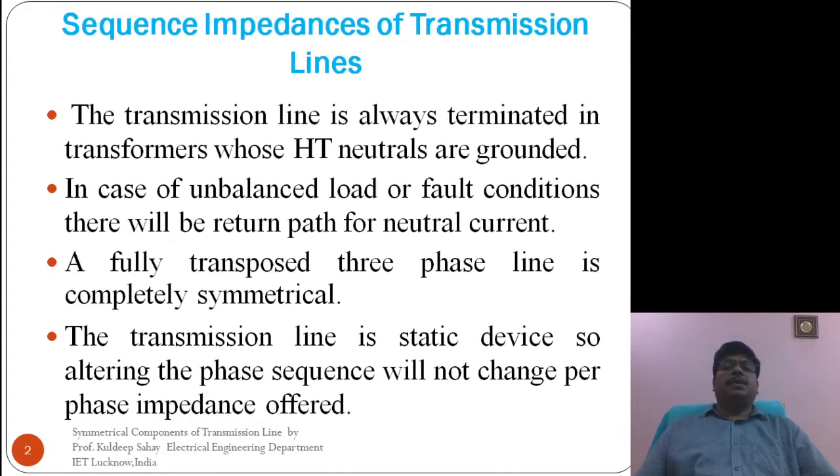So if there is an unbalanced load or fault condition, a return path should be available for the neutral current.